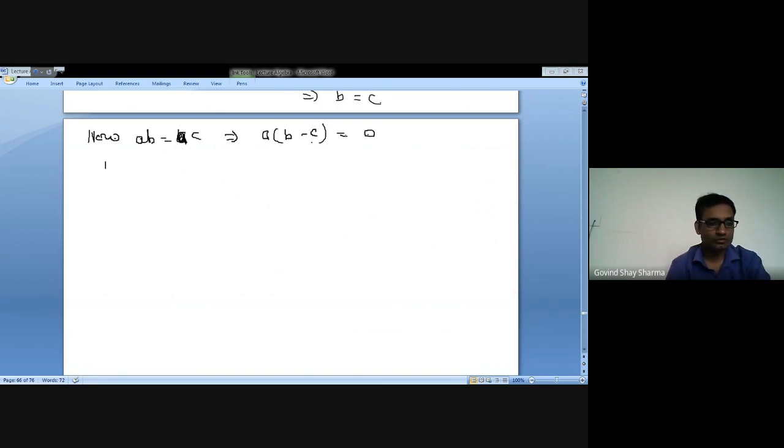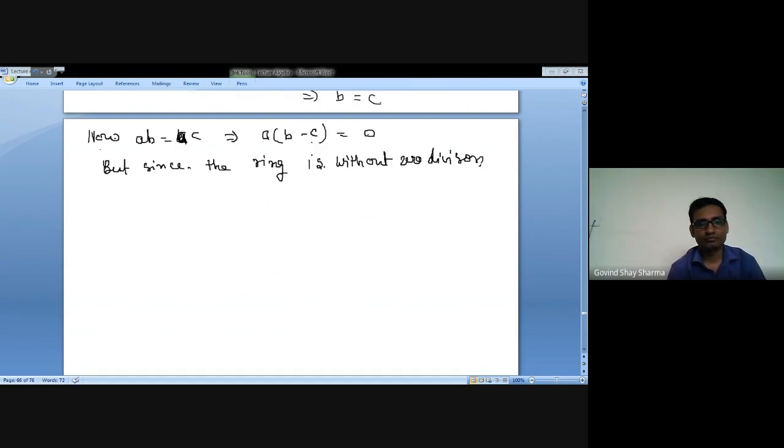A times B minus C is equal to zero. But since the ring is without zero divisor, then either A or B minus C or both should be zero.